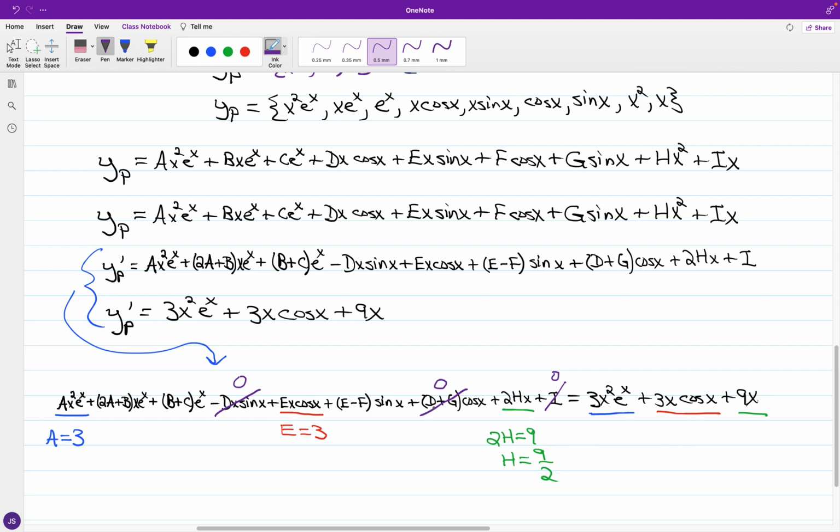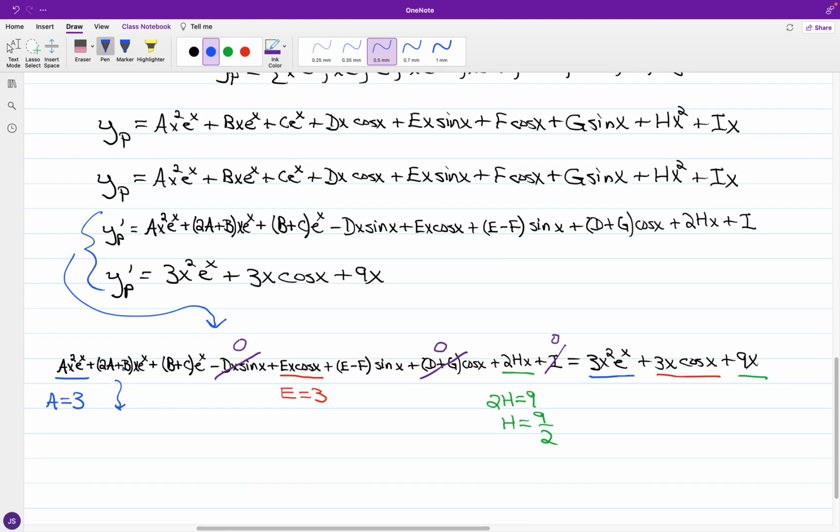And for the variables we have not yet tackled, notice we had a is equal to 3. We don't have an x e to the x term on the right, but that doesn't make b negligible because we have 2a tied in. So we've got 2a plus b is equal to 0, and with a at 3, 2 times 3 is 6, plus b is equal to 0.